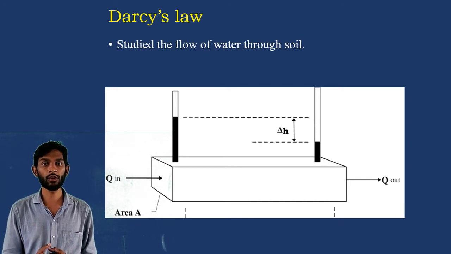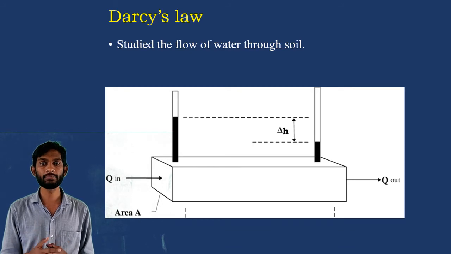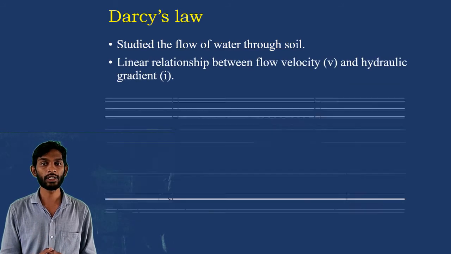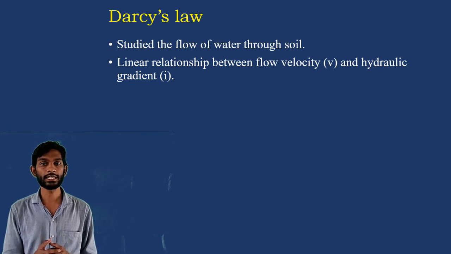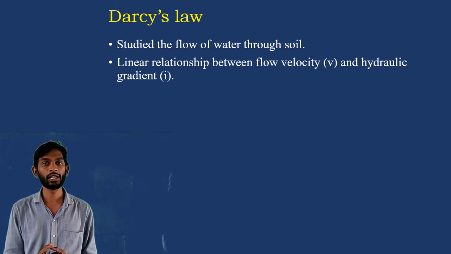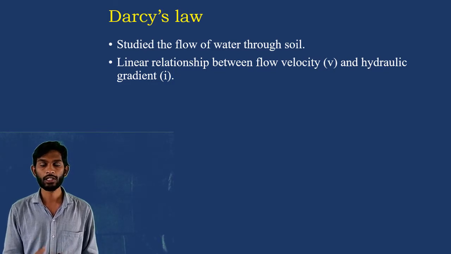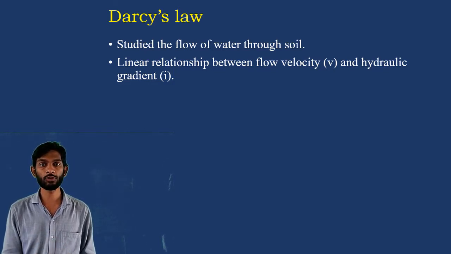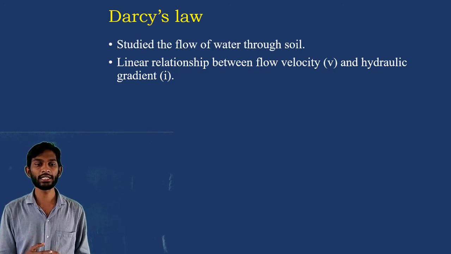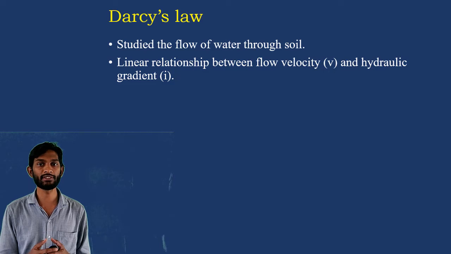He also found that there is a relationship between the flow velocity and the hydraulic gradient. The flow velocity is denoted with the symbol small v, and the hydraulic gradient is denoted with the symbol small i. So we'll talk about what flow velocity and hydraulic gradient are. Flow velocity is also called discharge velocity.